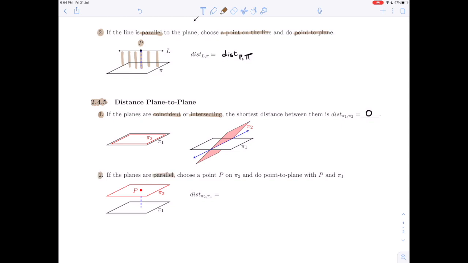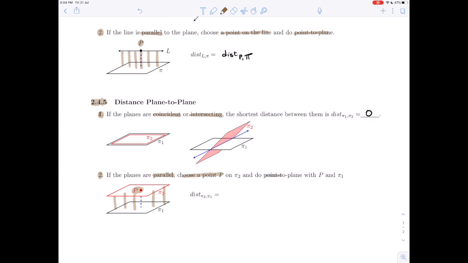If the planes are parallel, this is the second situation. Just like our second case above, there is a fixed distance anywhere you choose to go between them. So you choose a point P. You get to choose any point that you want in the plane. Here I've said on pi 2, but you could do it the other way around.